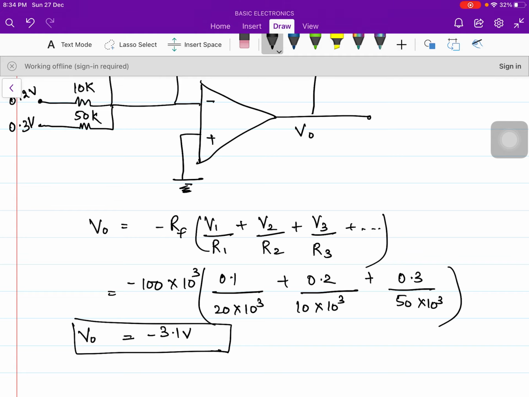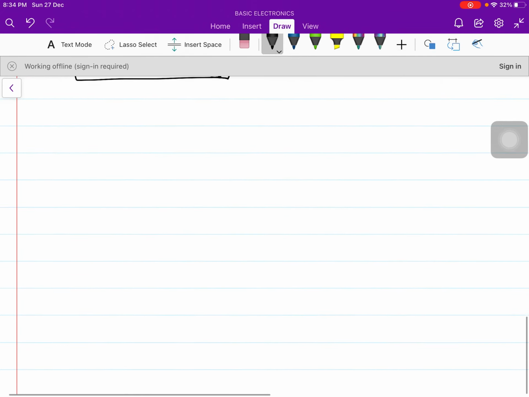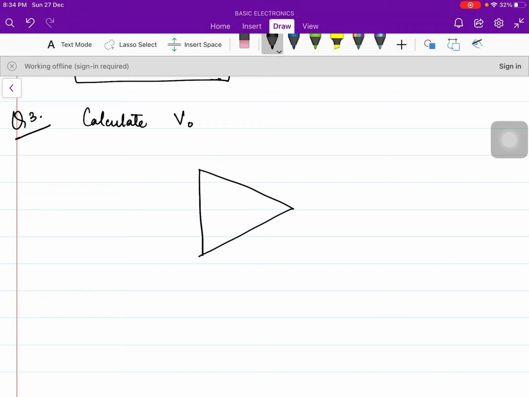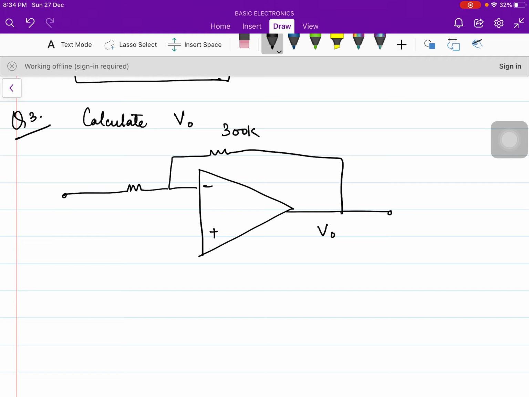Now let us do another numerical which is based on difference amplifier. Let us try to solve it. Again we are asked to calculate V0. The circuit given to you is like this. V0, 300K.